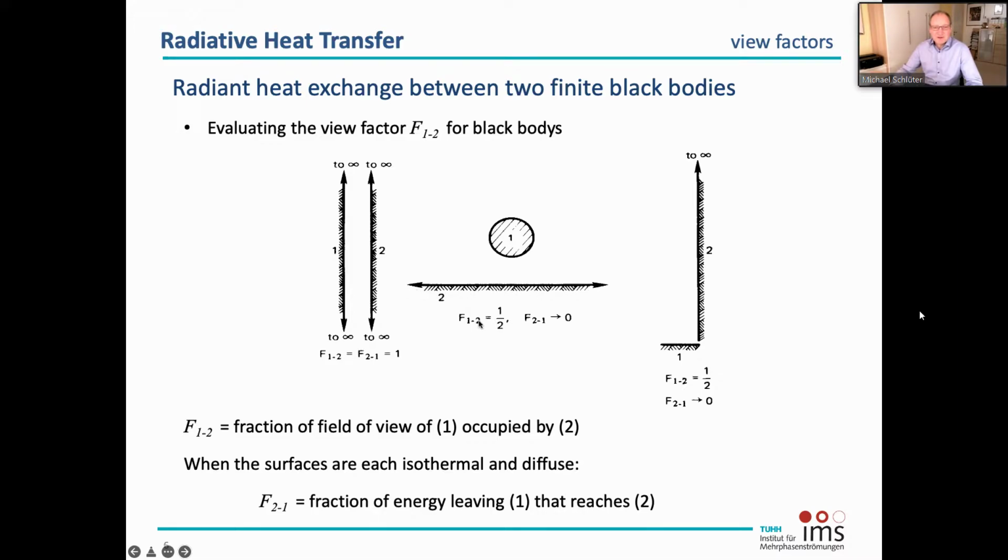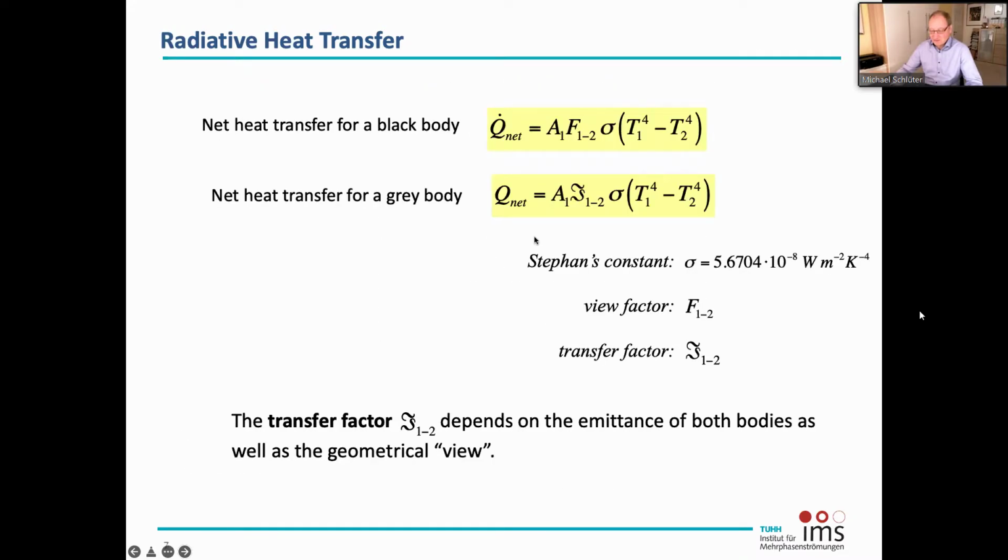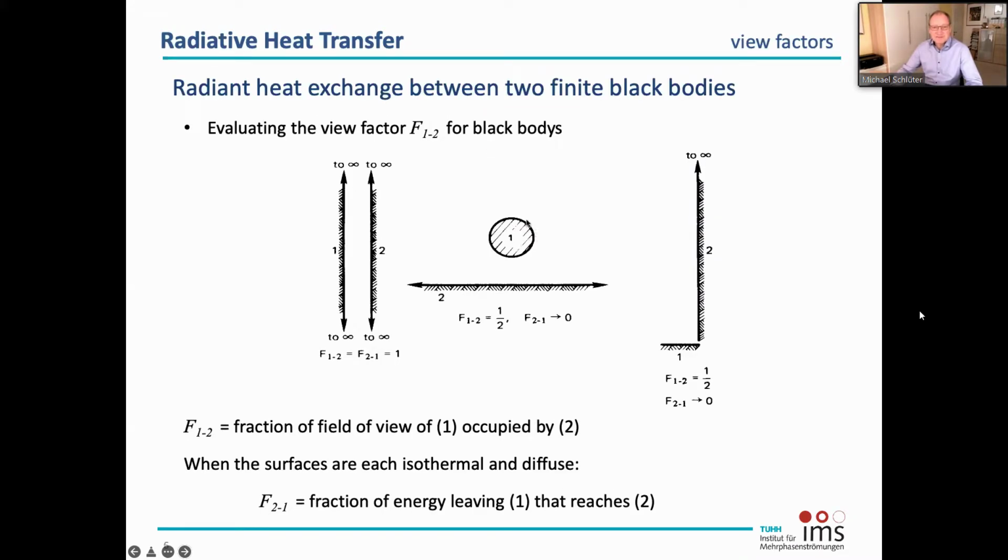Yeah, and if we sit here on this ball and we are looking downwards, then we will see in all these directions here the plate. Here we will see the plate on the southern hemisphere, let's say. On the northern hemisphere, we will not see the plate. Yeah, so in other words, our view factor is 1/2. We see the surface for 1/2 and not for the other 1/2. So the view factor is 1/2.